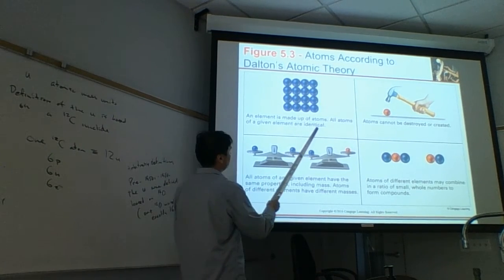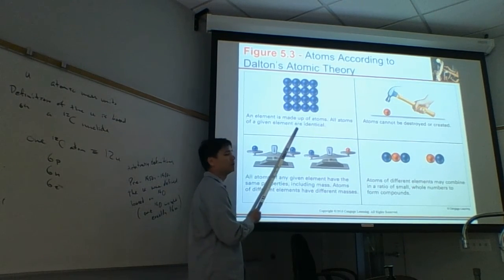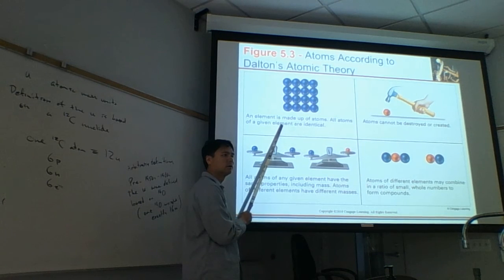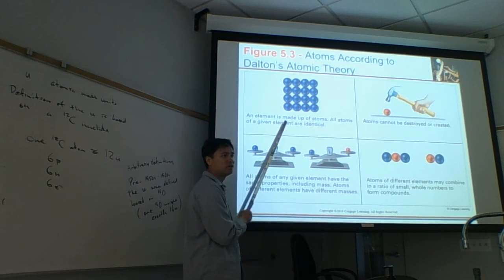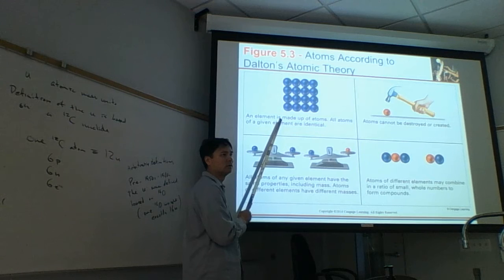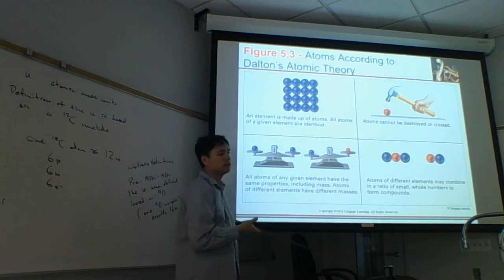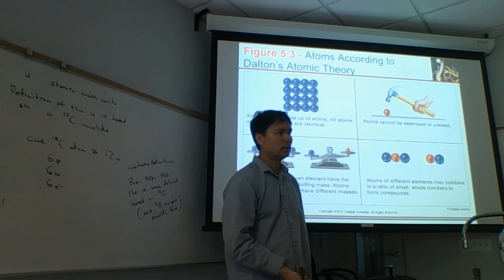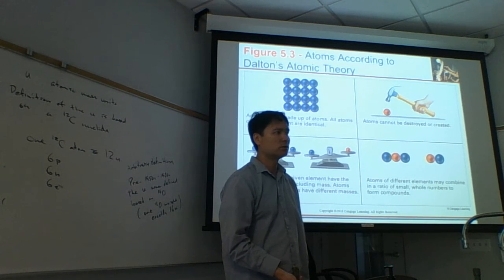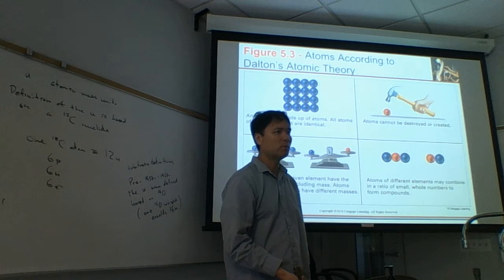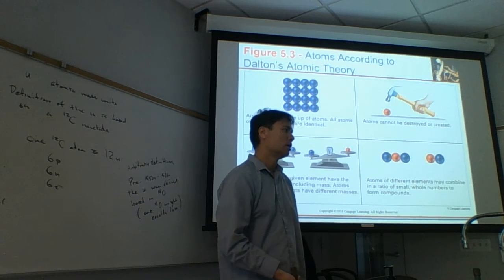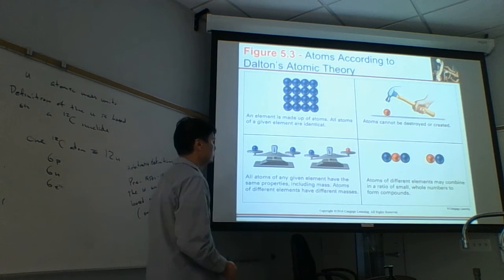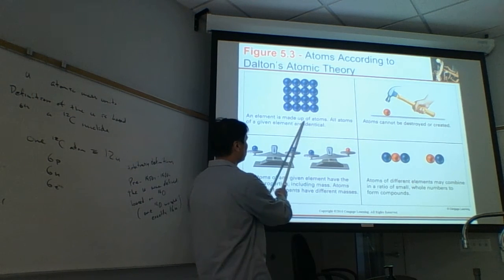That's fine, that hasn't changed. All atoms of a given element are identical. Is that true? Are all atoms of hydrogen identical? In one respect they are, because all atoms of hydrogen behave chemically identically. But in another respect that's not true anymore, because some weigh more, some weigh less, and we call those isotopes. So Dalton didn't know about isotopes, and so this is not correct anymore.